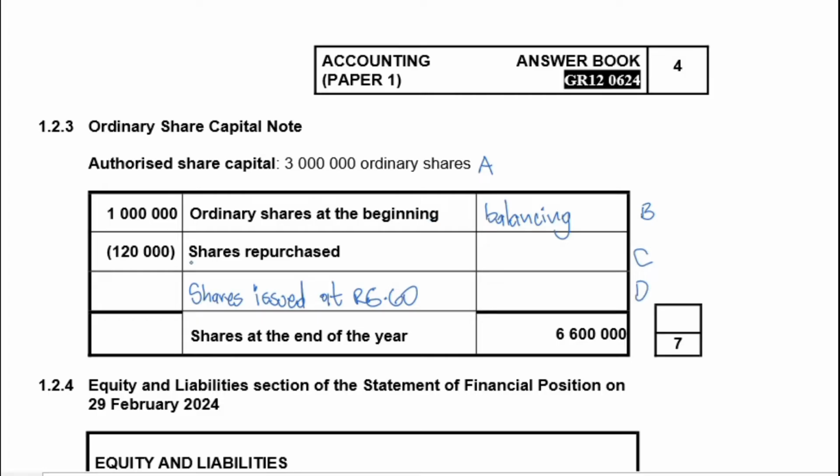Moving on to the shares that were repurchased, can we find the book value of the shares that were repurchased by the company? The book value of the shares that were repurchased is calculated as follows. Number of shares repurchased multiplied by average share price.